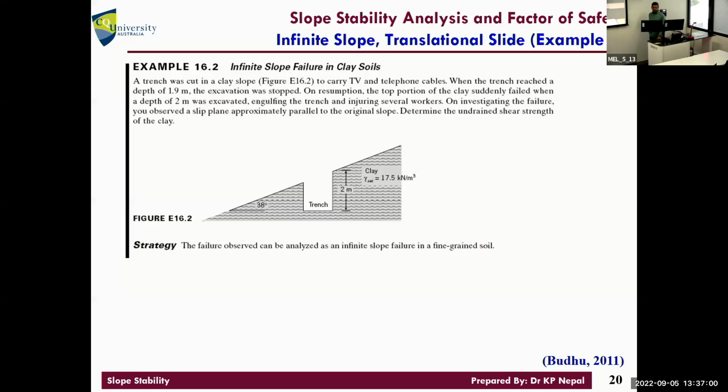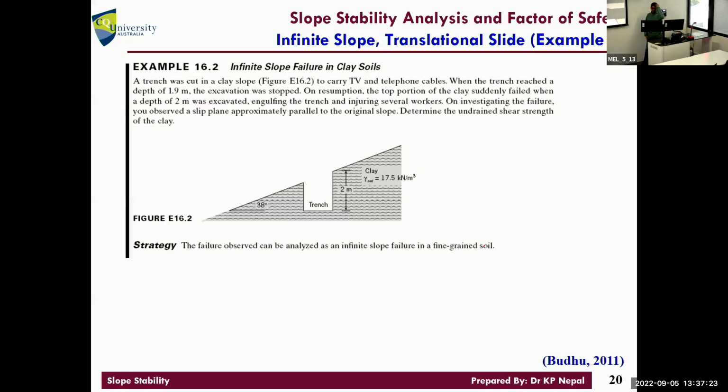When the trench reached a depth of 1.9 meter, the excavation was stopped. On resumption, the top portion of the clay suddenly fell at a depth of 2 meter. So that means when they cut the 2 meter depth, the slope failed. It collapsed, injuring some people.